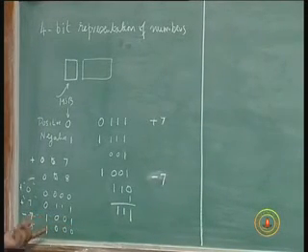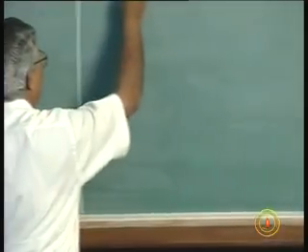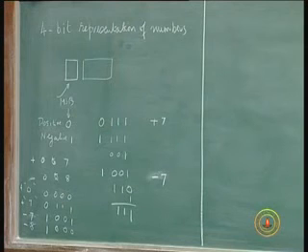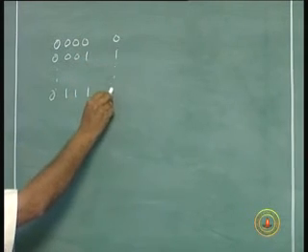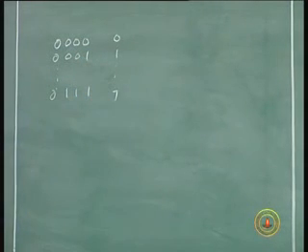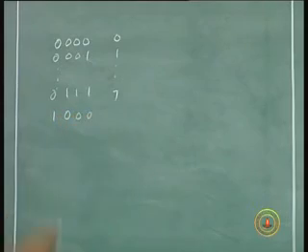It is like you start with 0 0 0 0, 0 0 0 1, this is 0 1 7. What is the next number? No, 8.